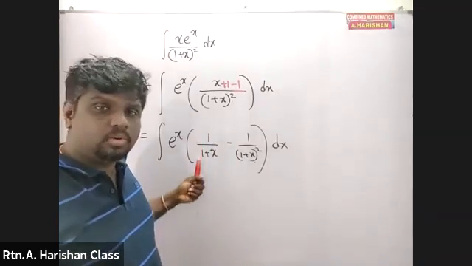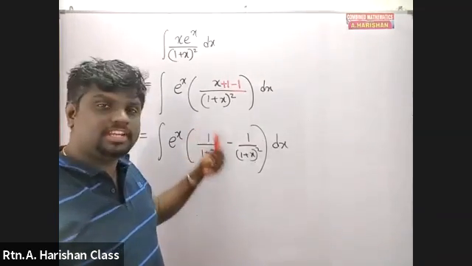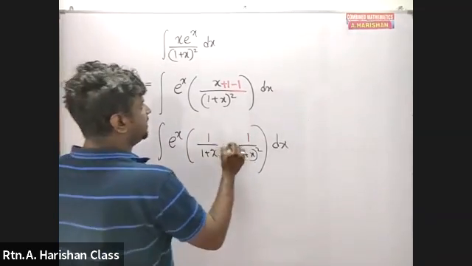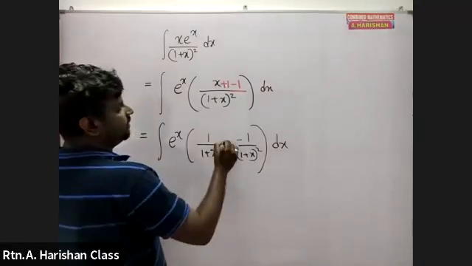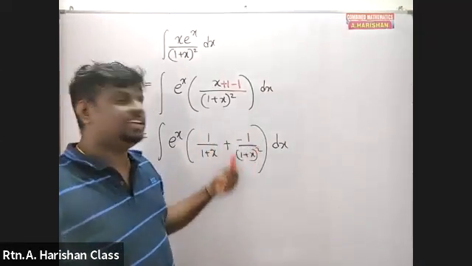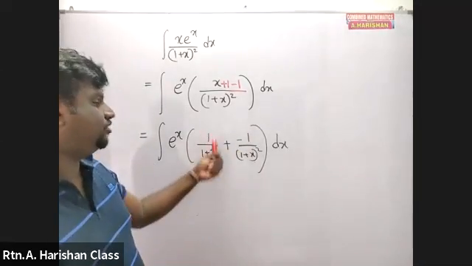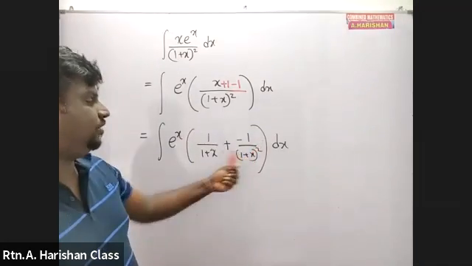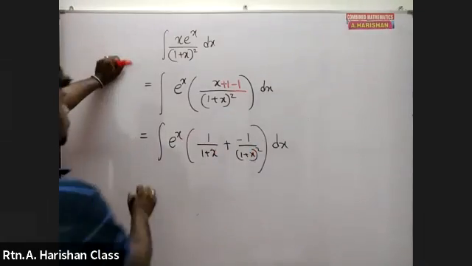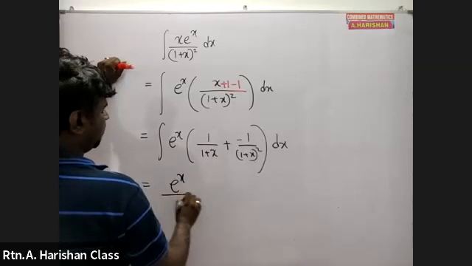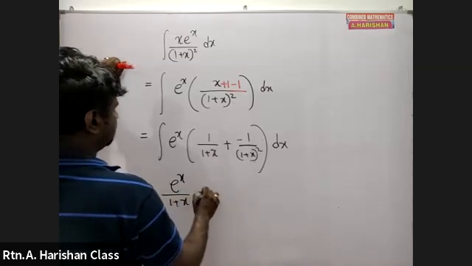So if you differentiate this, minus 1 over 1 plus x squared, into 1. So if it's f of x, straight away this is f prime x. So straight away the answer is e to the power x into 1 over 1 plus x plus c.